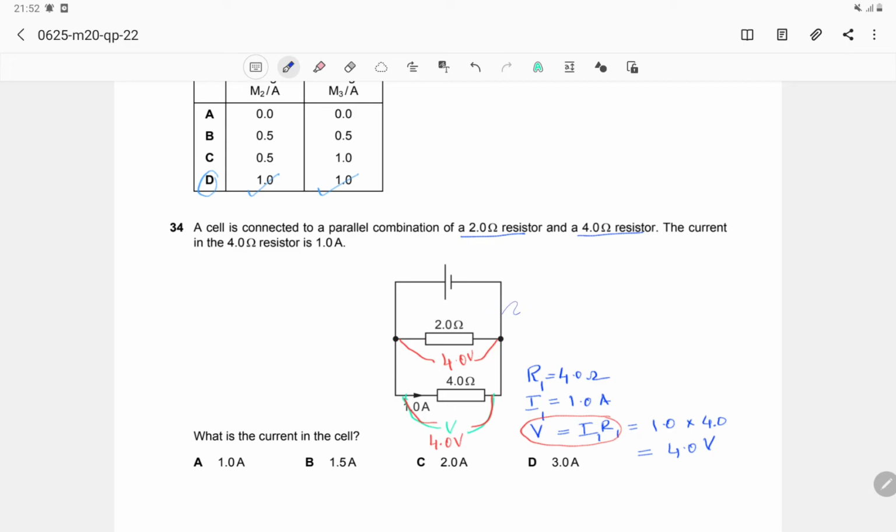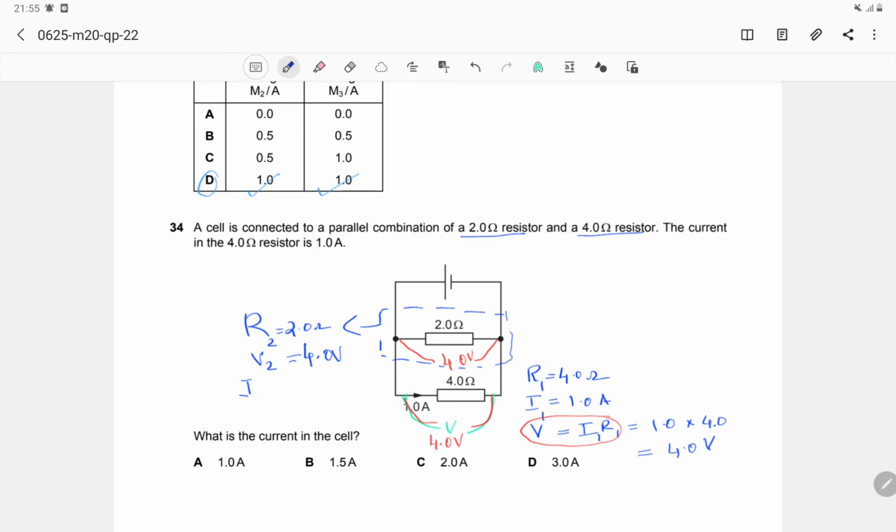Now we can concentrate on the 2 ohm resistor. For this 2 ohm resistor, you have the resistance value, let it be R2, that is 2 ohm. And you have the voltage, V2 is 4 volt. We can find the current.